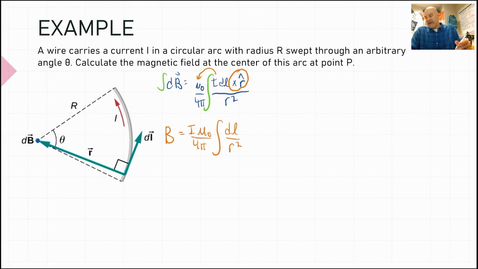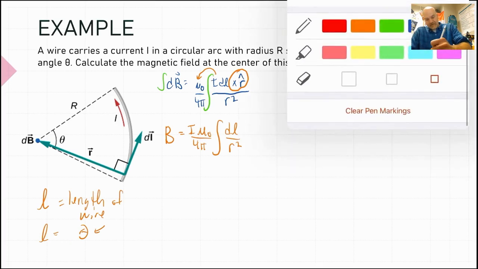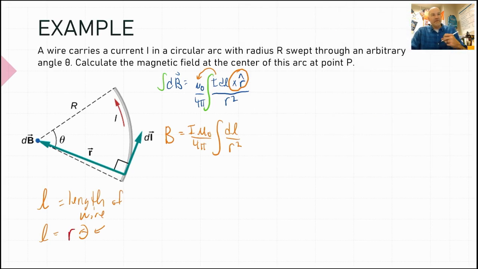Well, that's going to be the length of the wire, right? Which, if we just have an arbitrary, it's the arc length, so it's going to be r theta, because s equals r theta, right? But theta is what's going to be varied, so dl is going to be r d theta. So I'm going to take that and substitute it in there.